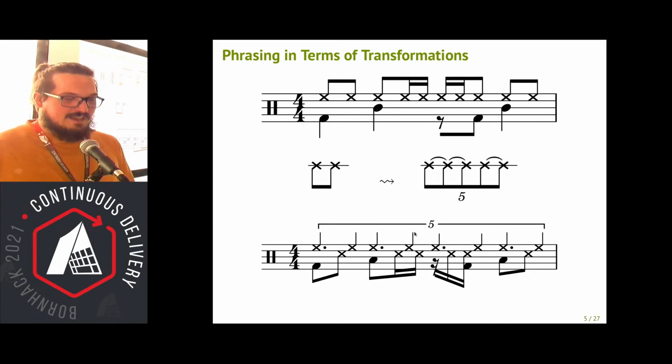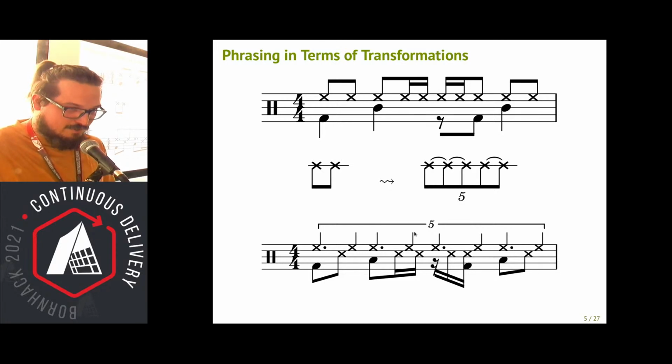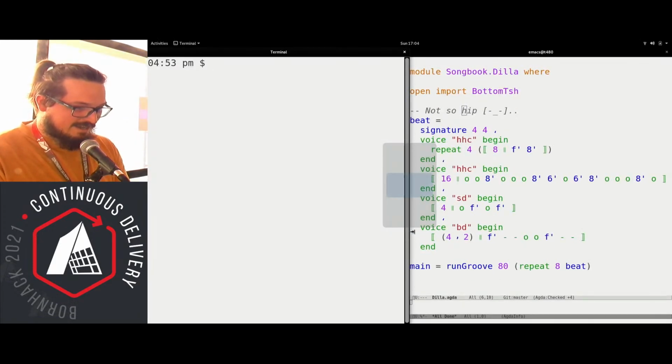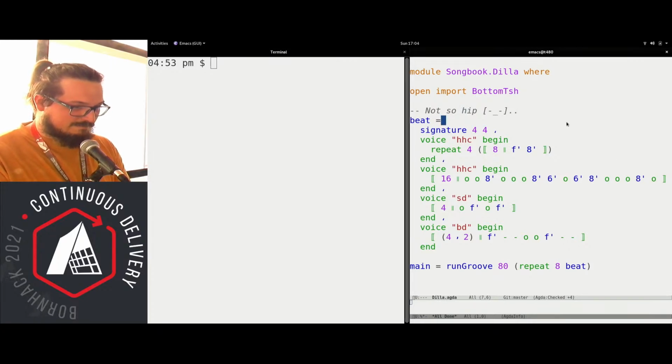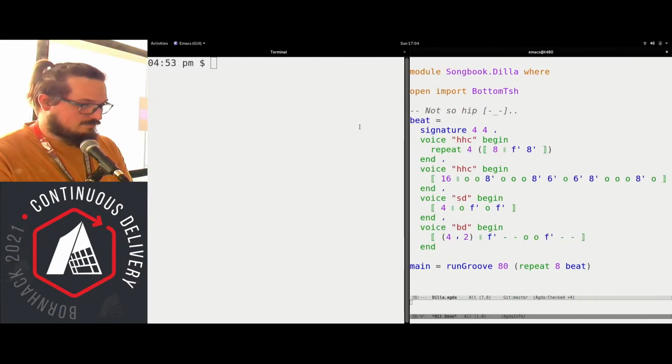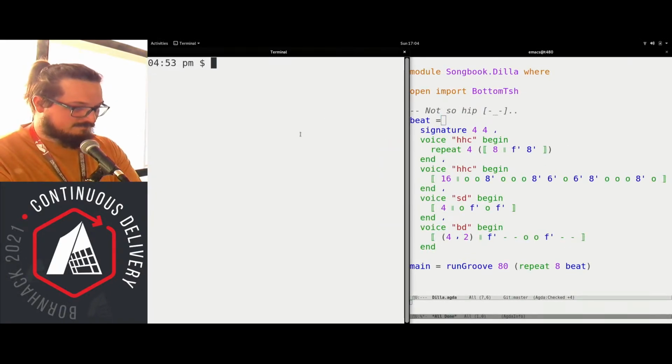I have written a program in a programming language called Bottom that I made some time ago, and so here is the program. The program for the rhythm on the top here is this program. So let's hear it.